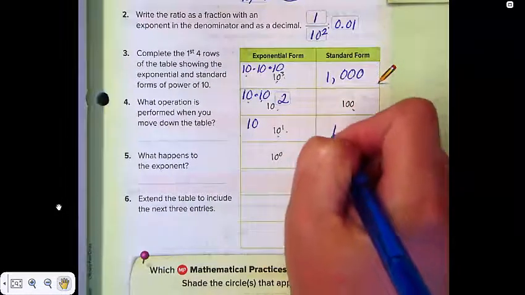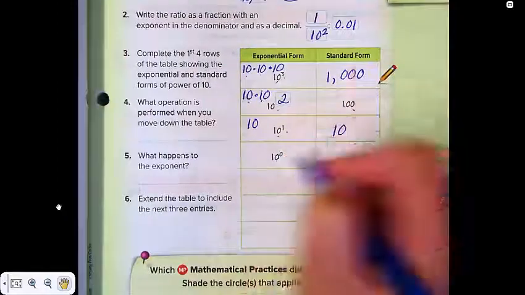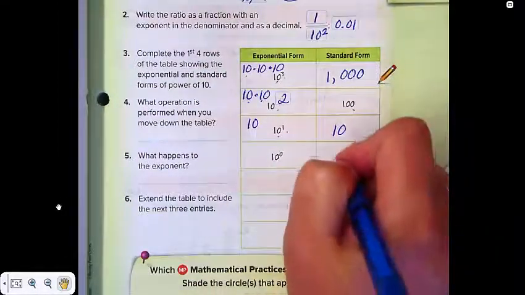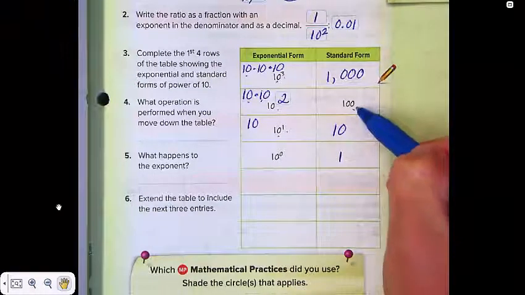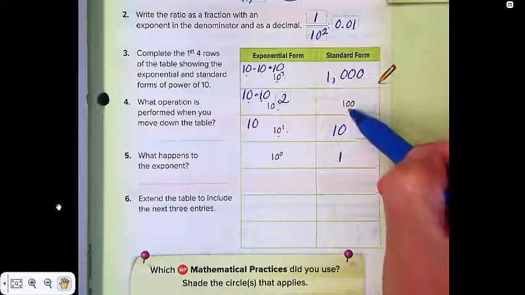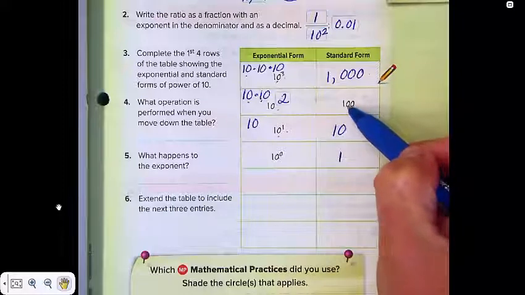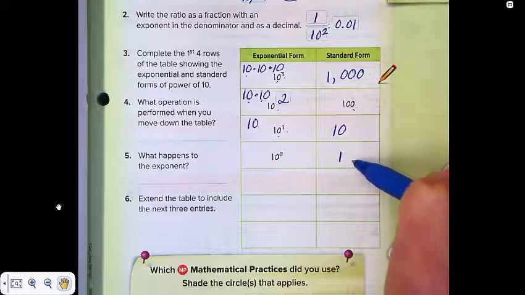So 10 to the first power is 10. 10 to the 0 power, hopefully you remember that any number to the 0 power is 1. So if I look from here to here in relationship to my zeros, here I have 3, here I have 2, so I took away a 0. Then I went from 2 zeros to 1 zero, so I took away a 0. I went from 1 zero to no zeros, so I took away a 0.